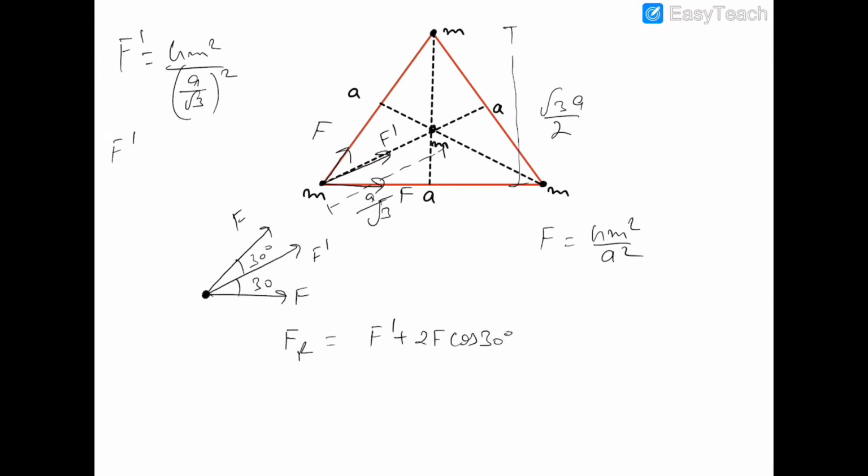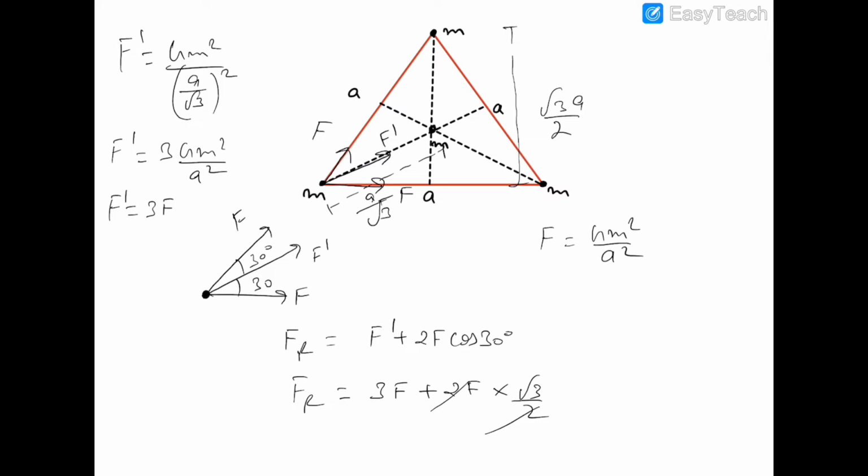So F dash will be equal to 3Gm square by a square, and therefore F dash can be written as thrice of F. So this F resultant will be equal to thrice of F plus 2F into cos 30, which is root 3 by 2.